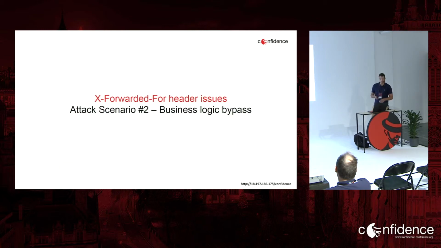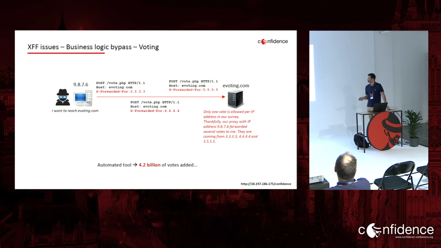Okay, more issues related to X-Forwarded-For: business logic bypass. For example, if you have some web page which allows you to vote, for whatever, right? There might be some voting page, and the person who gets the most votes wins some competition, wins some prize.